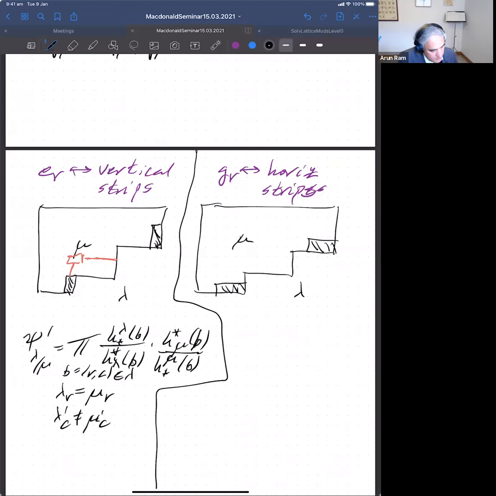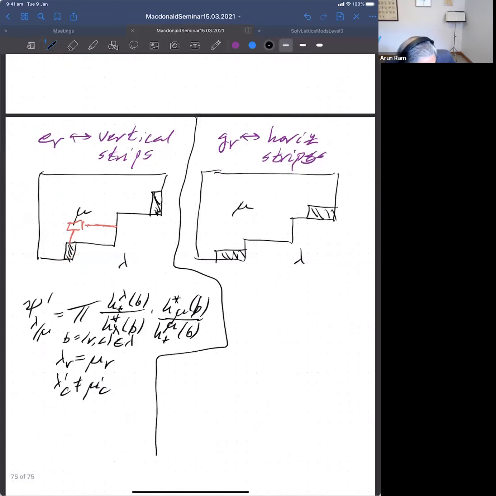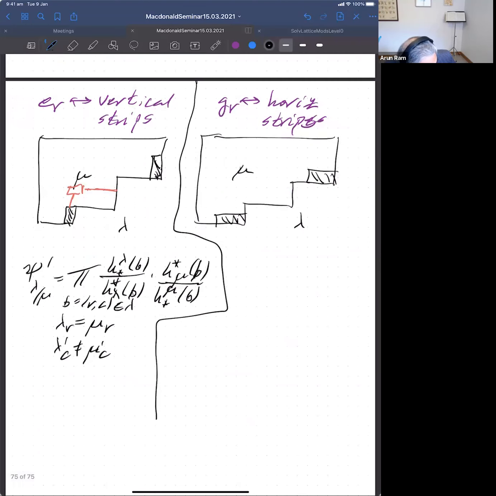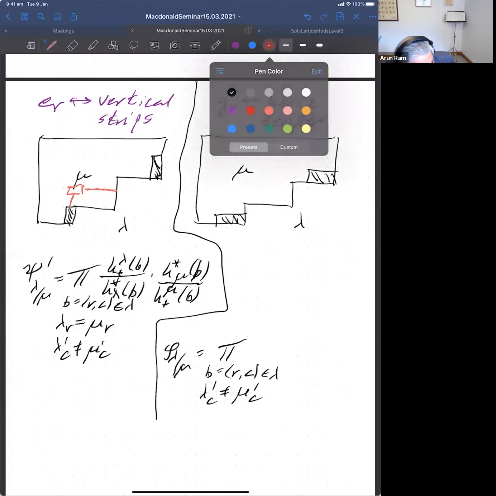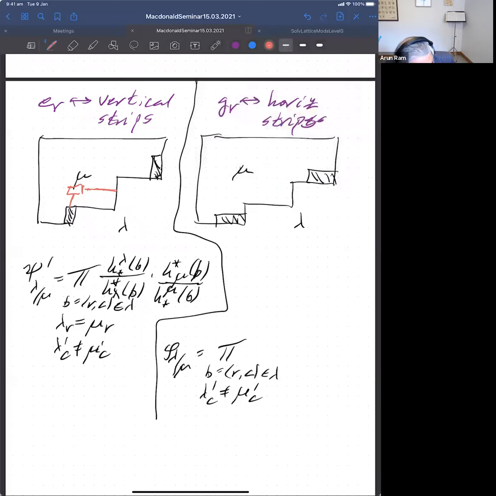And for the horizontal strip, we have a similar number, which is the product over all the boxes which don't see the horizontal strip in their leg. So I could have a box like this. That's okay. I could also have a box like this.